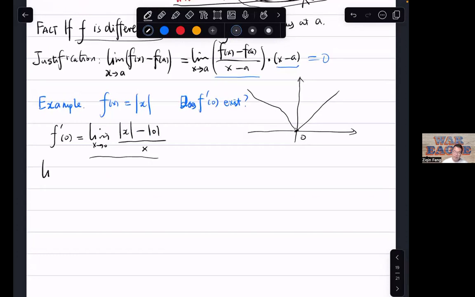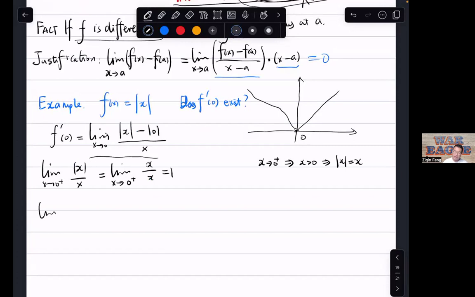As x goes to 0 from the right side, x is greater than 0, so the absolute value of x over x is the limit as x goes to 0 from the right of x over x, which is 1.